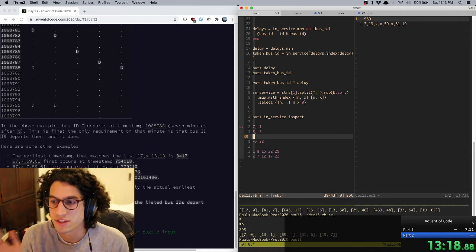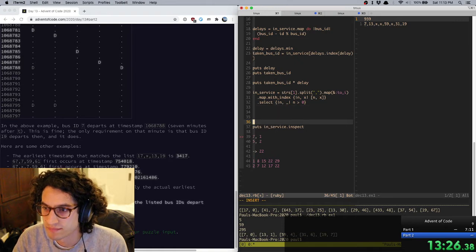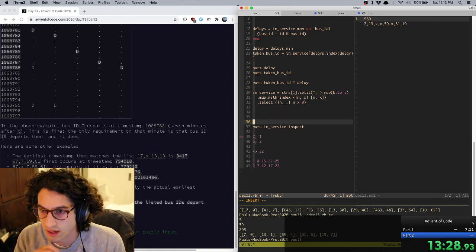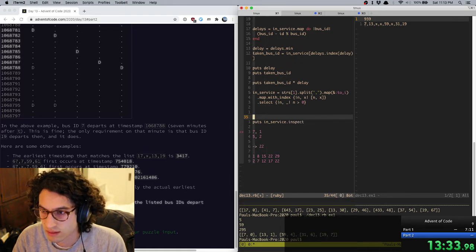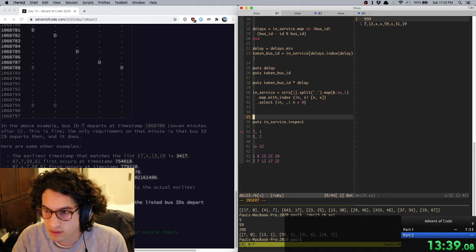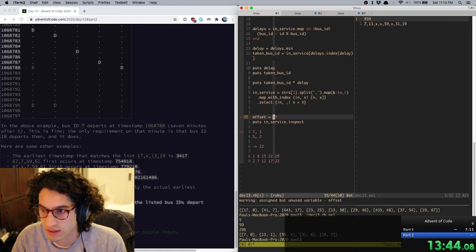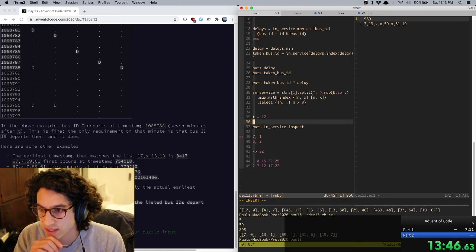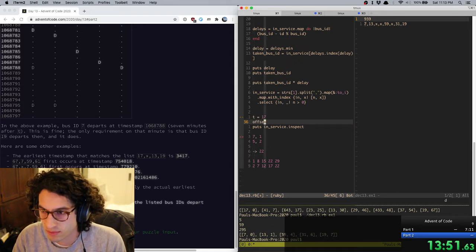Oh, I can do it for each subsequent one, and then each time I jump, I jump by the product. So offset equals 17, t equals 17, product equals 17.